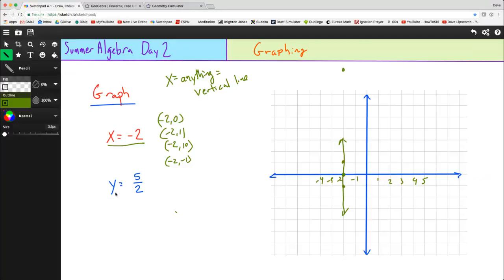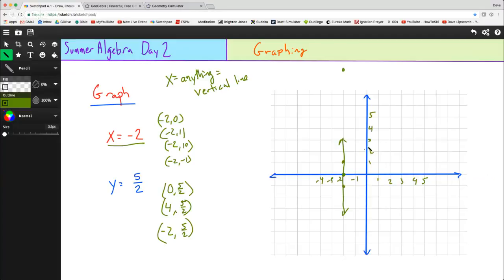Now y equals 5 halves, similarly, you can write (0, 5 halves), (1, 5 halves), or let's just do (4, 5 halves), (-2, 5 halves). These are all points that satisfy that equation. So let's look at 0. So this is 1, 2, 3, 4, 5.